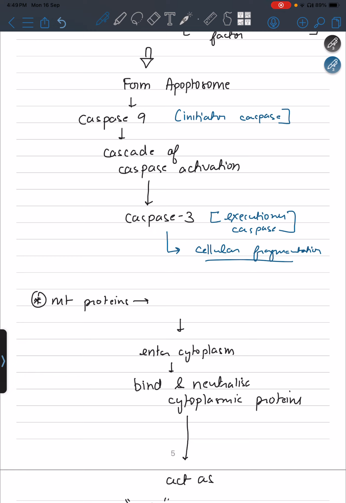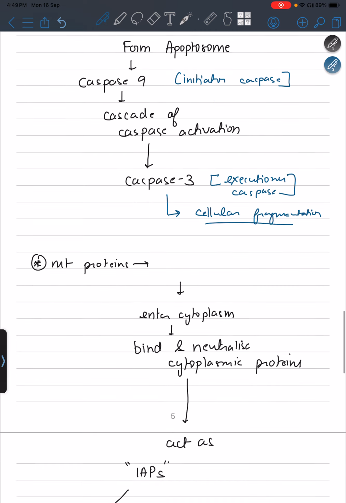Since the events in the execution phase are similar in the intrinsic as well as extrinsic pathway, we can discuss them later.